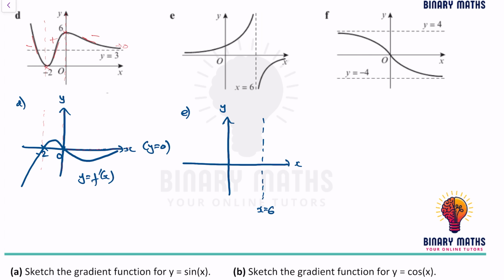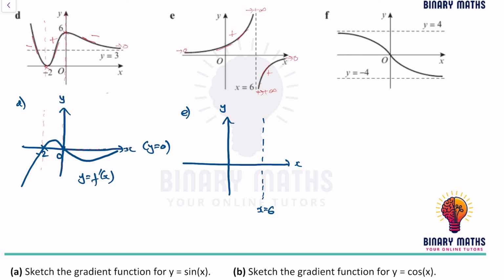I can see the gradient is positive on this side and still positive on this side. The only thing is I can see on this end it's getting closer and closer to 0, and this end is going closer and closer to positive infinity. Here it's tending towards positive infinity. Here it's tending towards 0. It's getting more and more flatter.